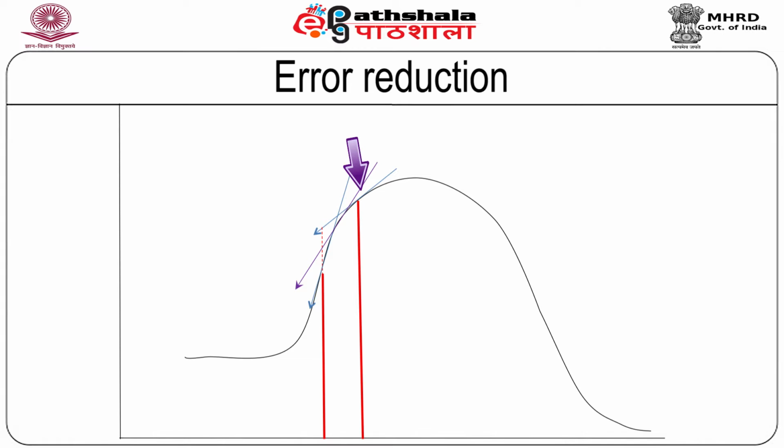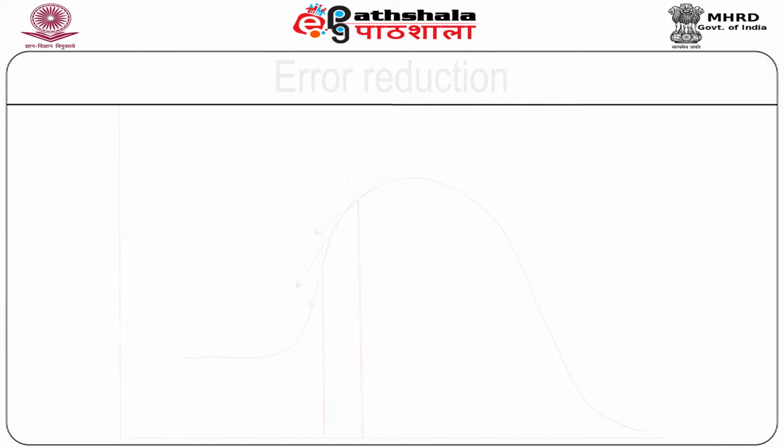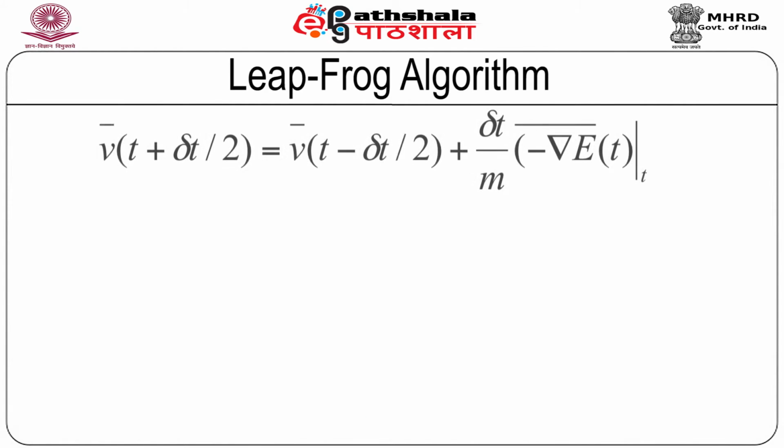If we can make an average estimate of this, in order to do that, we simulate the velocity at t plus delta t using the position or energy gradient at t plus half delta t. That means the midpoint between t and t plus delta t. At this point, we are calculating the position or energy gradient.